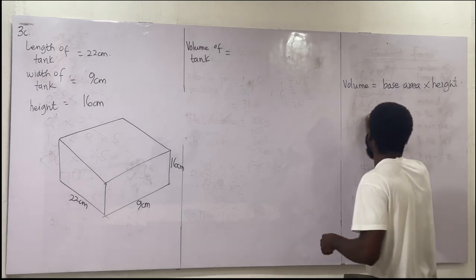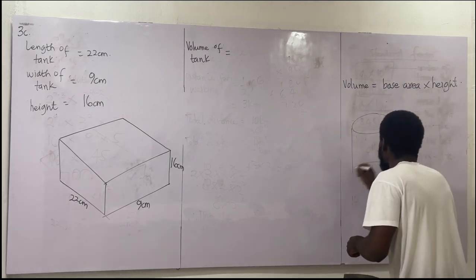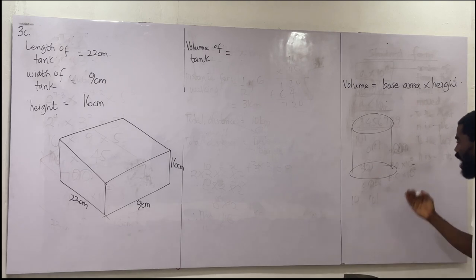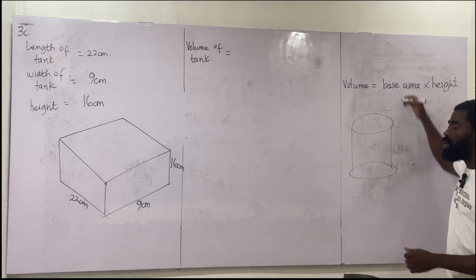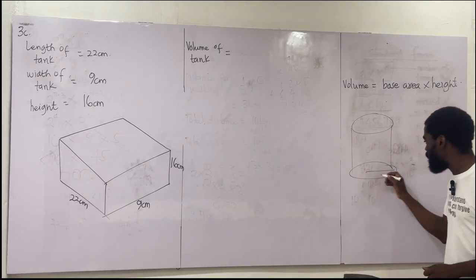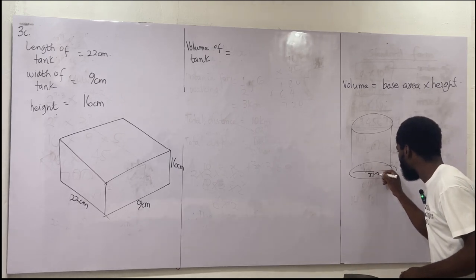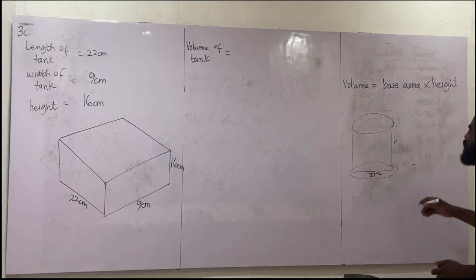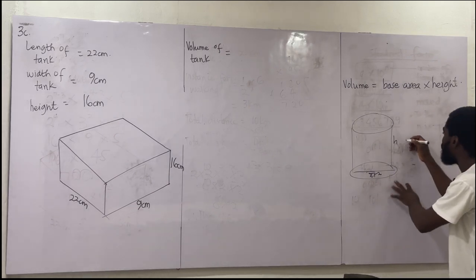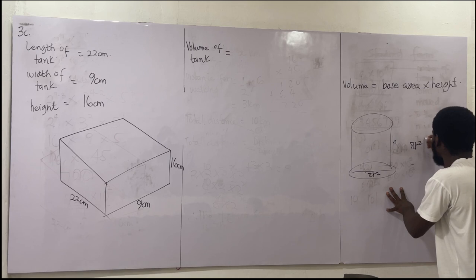That means if you give me a cylinder, to find its volume I'll need its base area times the height. The base here is a circle, so the area of a circle is pi r squared. And I have the height. That means the volume of a cylinder is pi r squared h.